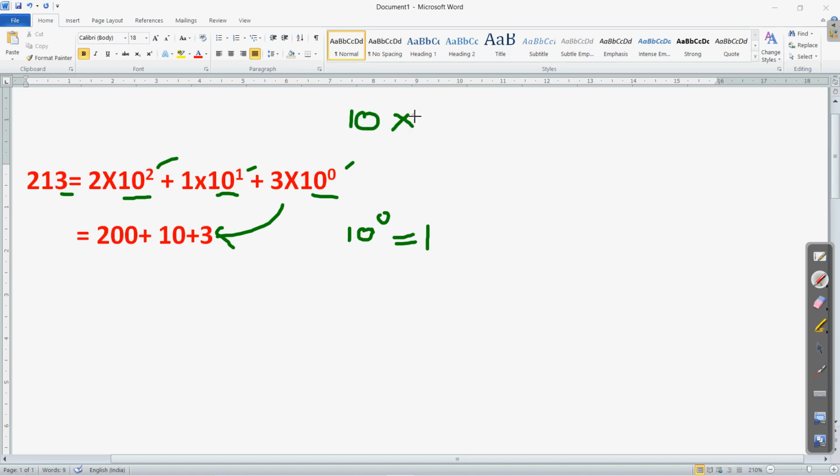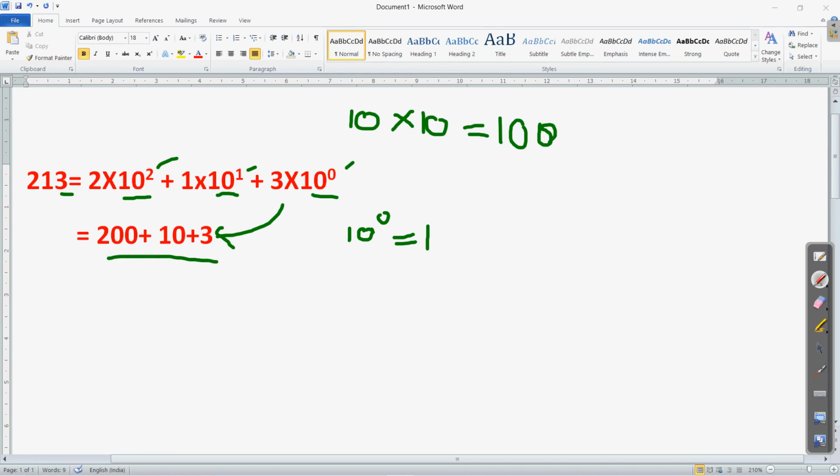Any power means that number is multiplied that many times. So 10 into 10 will be 100, not 20. Don't confuse. Power means we multiply the number as many times as the power written. So 10 to the power 2 is 100, and 100 multiplied by 2 is 200.